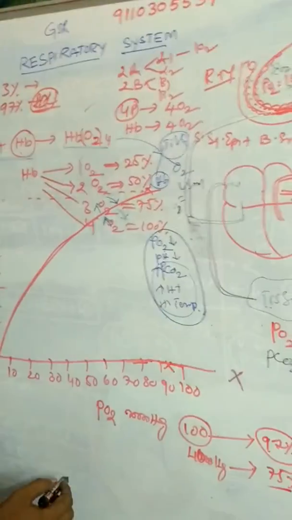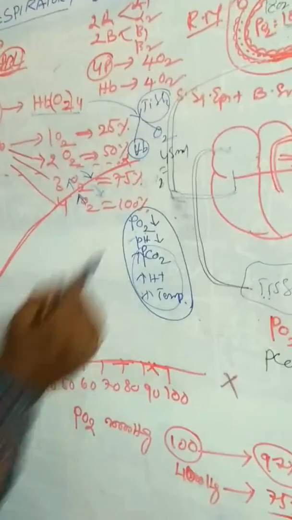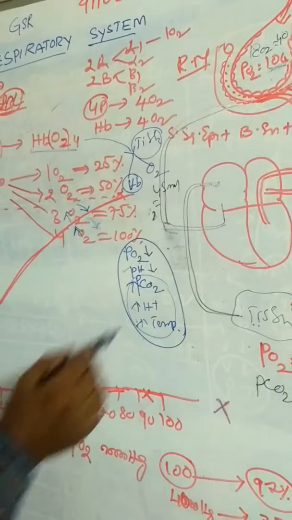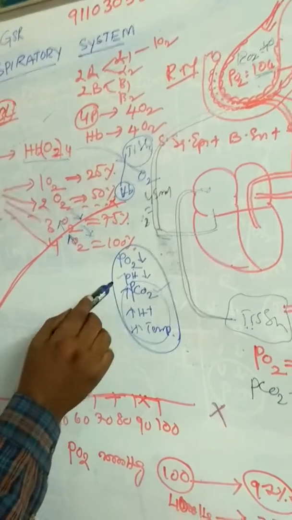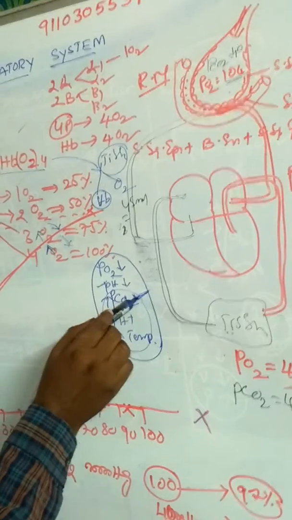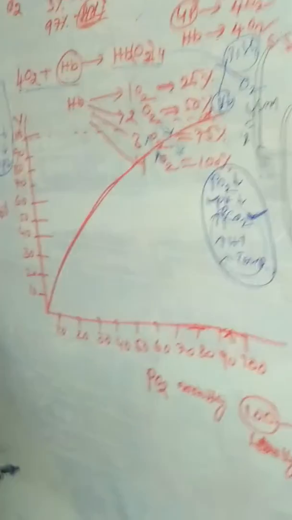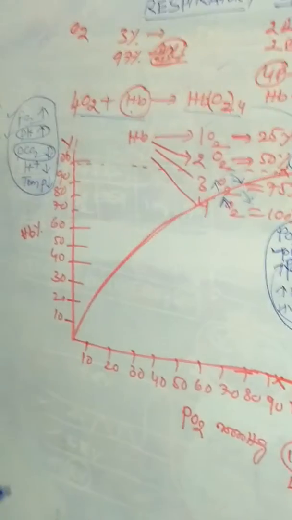That means in tissues, blood has low pH and high CO2. What are the conditions in the tissues, in the blood? Low pH, high pCO2. In the lungs, high pH, low CO2.